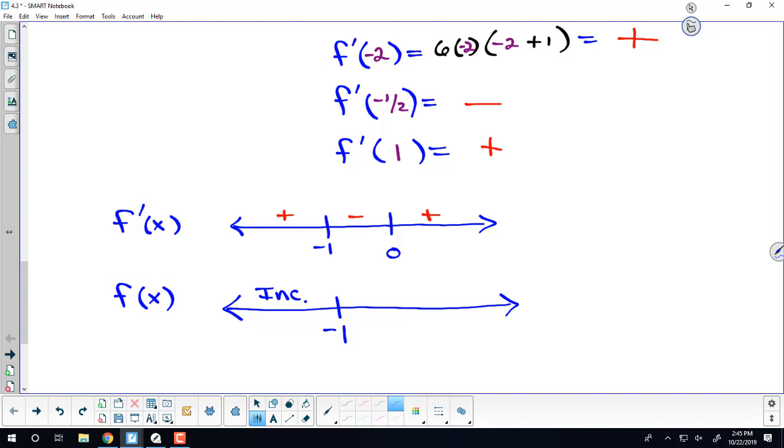If the first derivative is negative, the function is decreasing. So this sign chart that we computed actually just gives us this piece of information here. Does anyone have any questions?